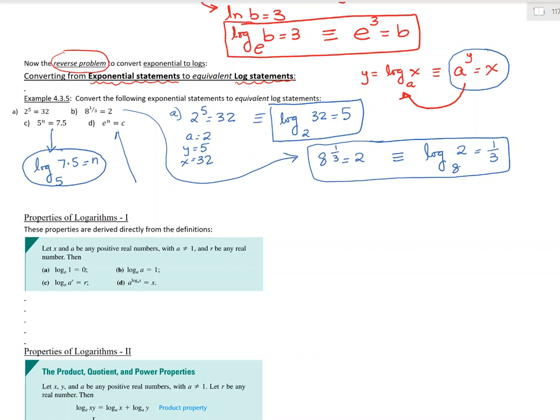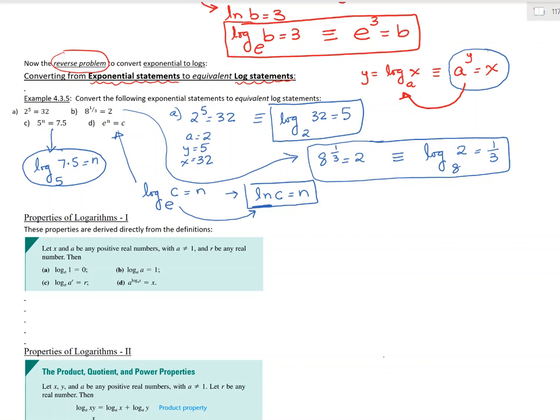And finally, for the last one, you would have log of c, base is e, and that will give you n. Now this one would be written as ln of c equals n. The reason is because log to the base e is same as ln. Again, you need to practice quite a few of these.